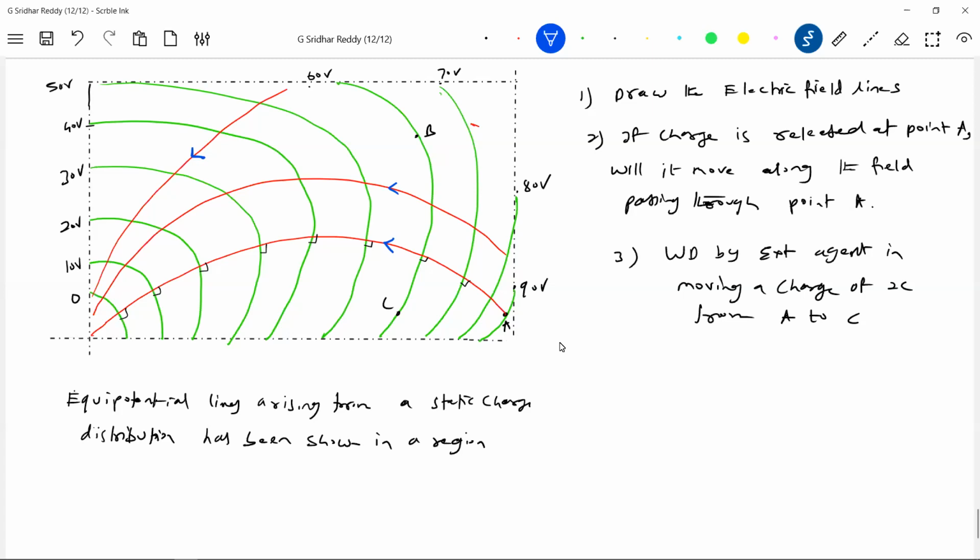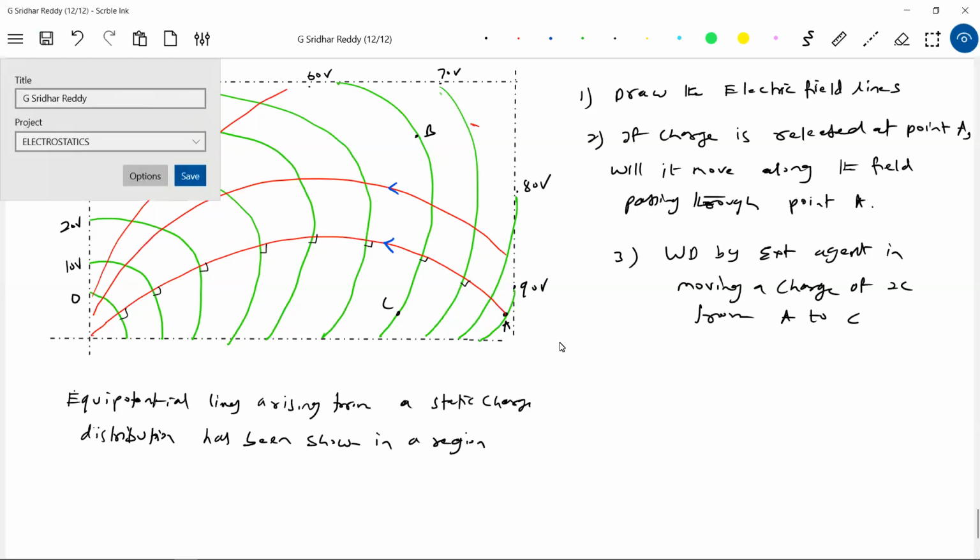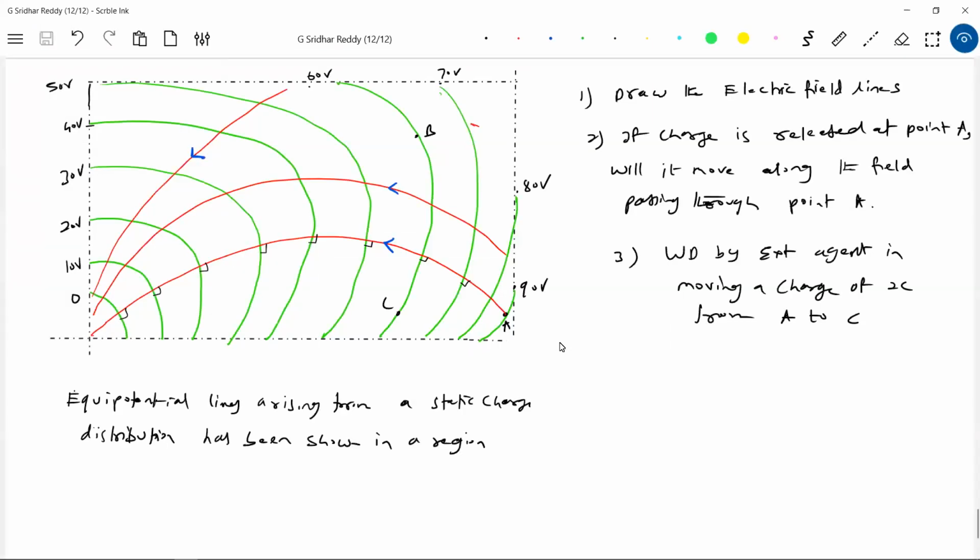Okay, after this: if the charge is released at point A, will it move along the field passing through point A, meaning along the lines of force? I'll release a test charge here. So will it move in this direction? Anybody? Already we have discussed this concept, no? Anybody wants to say yes or no?